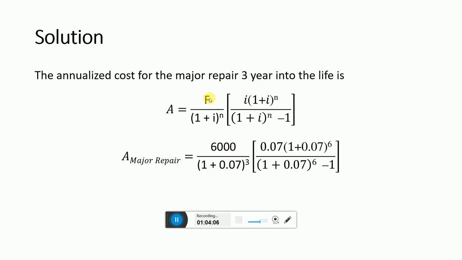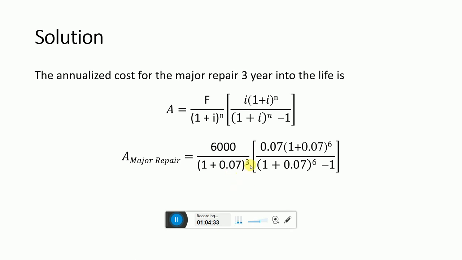We know that the F value is 6,000, and in the question, the major repair will be required at a cost of $6,000 at the time of 4200 use hours. So 4200 use hours is 3 years, as the use is 1400 hours per year.